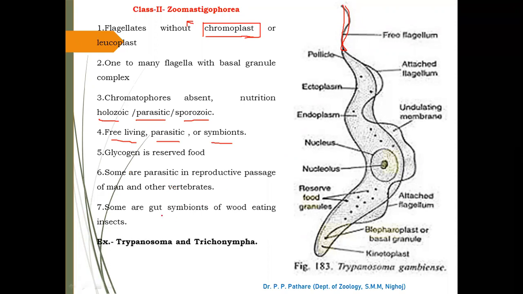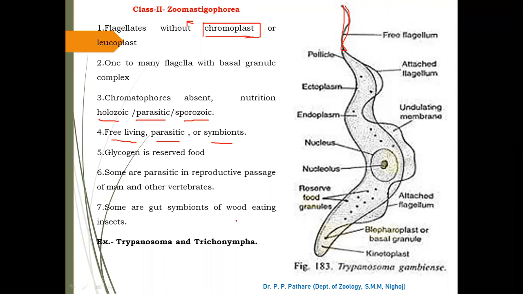Some are gut symbionts of wood-eating insects. Some of the insects also show a symbiotic relationship with another living organism. The same formula is also used by the Zoomastigophorans for their living purposes.